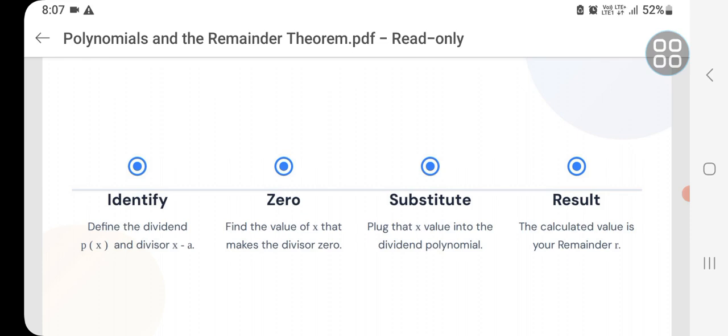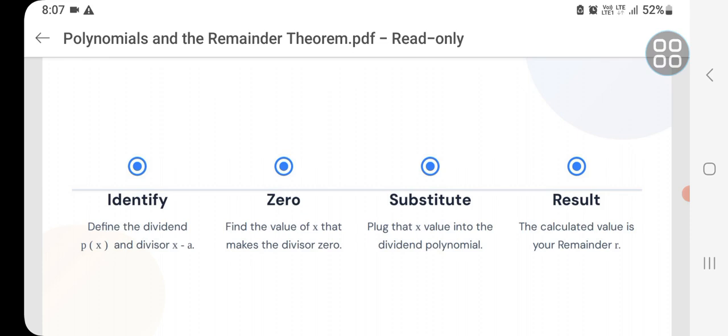If we have two polynomials, as I already told you, 4x square plus 2x plus 1, and another polynomial 3x cube plus 4x square plus 3x plus 1, it will not be easy to solve with the usual method, right? We cannot use the usual method for these polynomials.